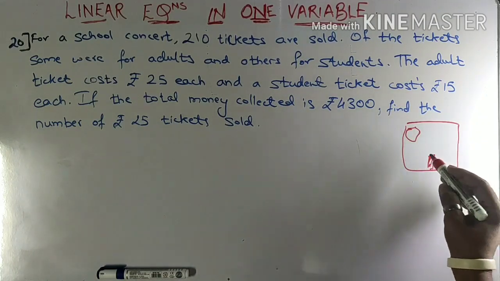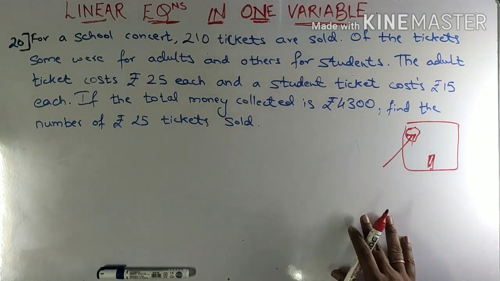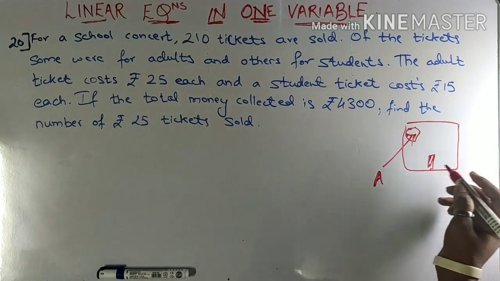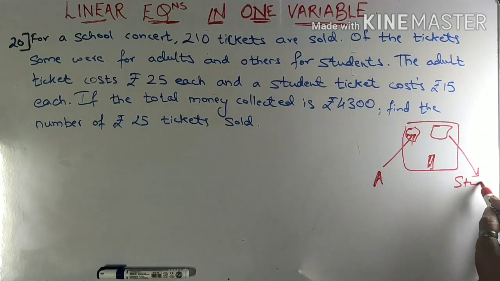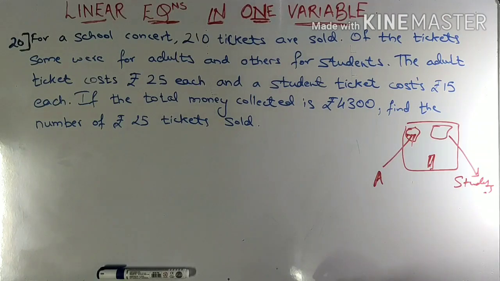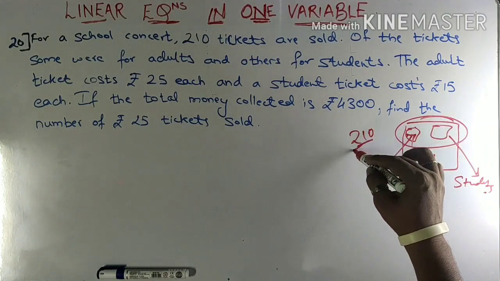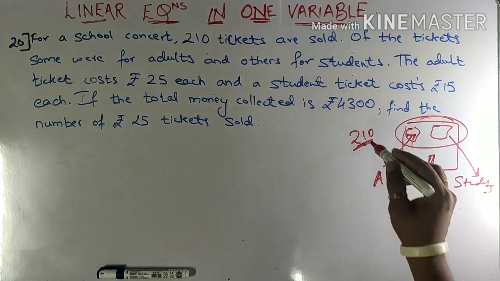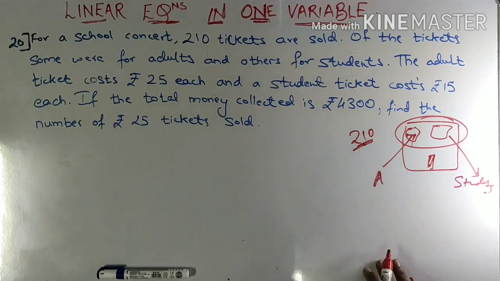So you have two types of tickets, one type is for adults and the other type is for students. Total tickets are 210, adults and students.